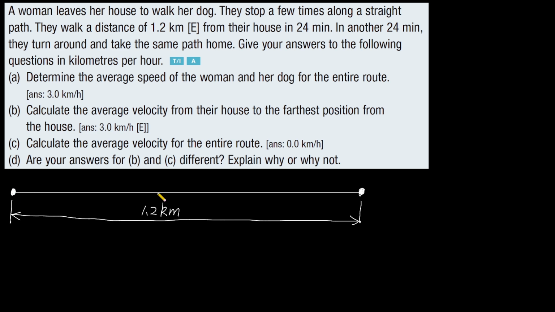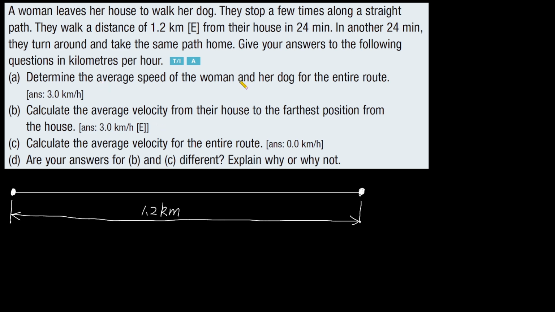So they walk from their home to the farthest position, and then they walk back from the farthest position to their home. The question asks for the unit of the speed to be kilometers per hour.